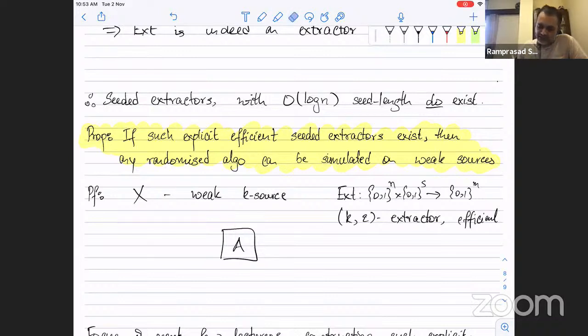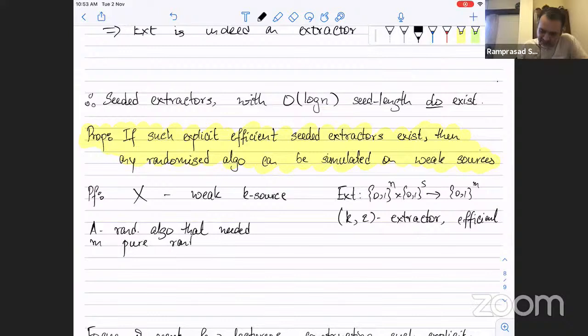Okay, now how would you simulate the algorithm? So A is a randomized algorithm that needed m pure random bits. Okay. So what would a simulation be here? What would be one reasonable way to run A given only access to X and this extractor?